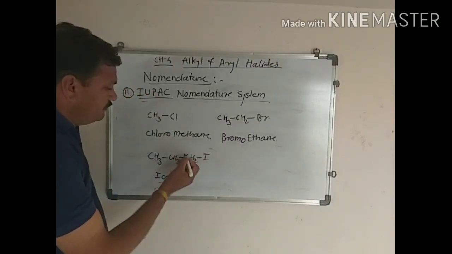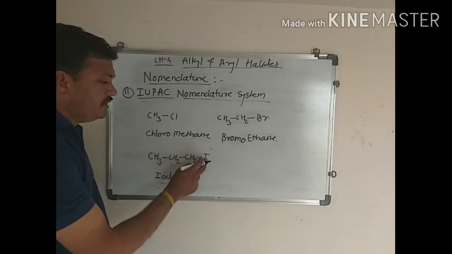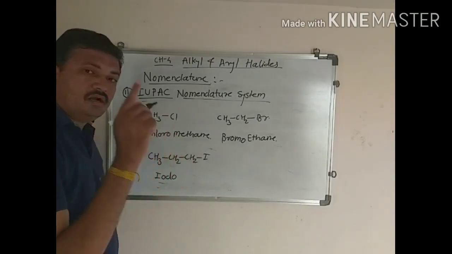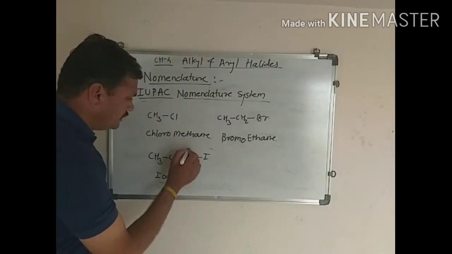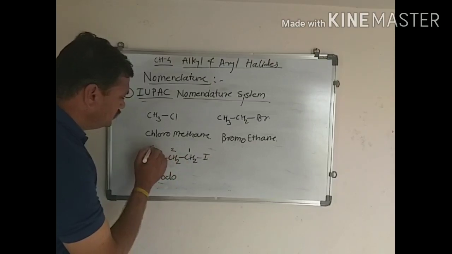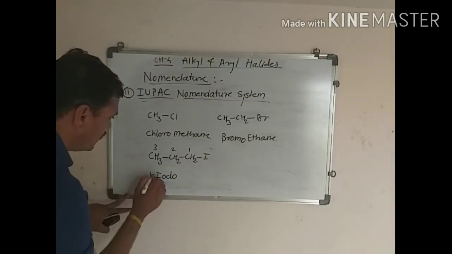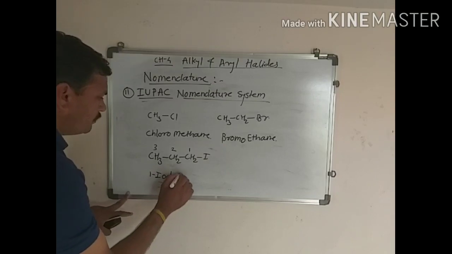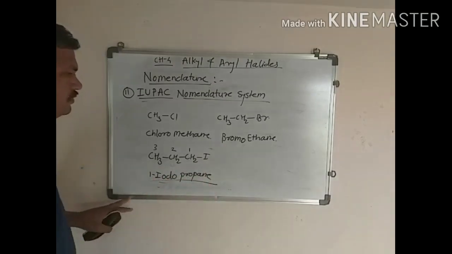When we give number from right hand side, 1, 2, 3, the carbon atom bearing halogen gets number 1. Therefore we will give numbering from right hand side. Therefore its nomenclature is 1-iodopropane.